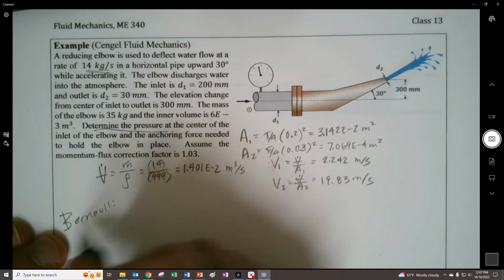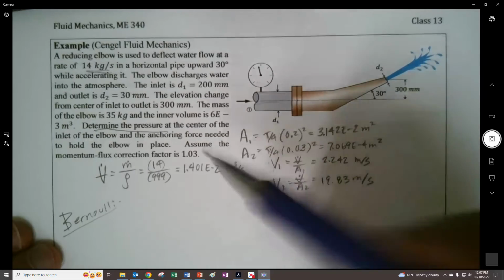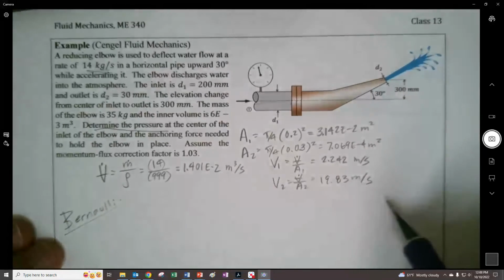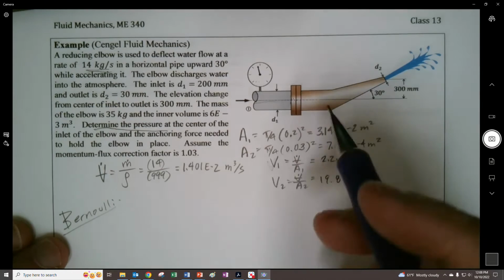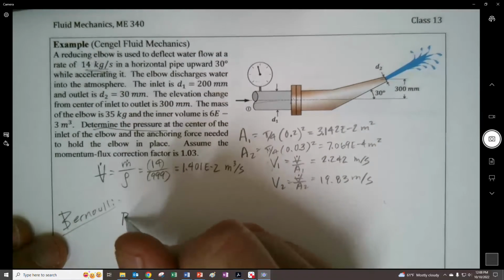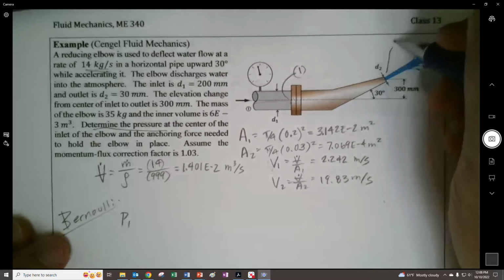As part of that, we're going to have to make some assumptions. We're going to do it along a streamline. It's going to be incompressible. Well, it's water, so that's pretty standard to assume. And it's going to be steady flow. And we're going to ignore viscous forces. So we take P1, where we'll call that right there 1, and that right there 2.